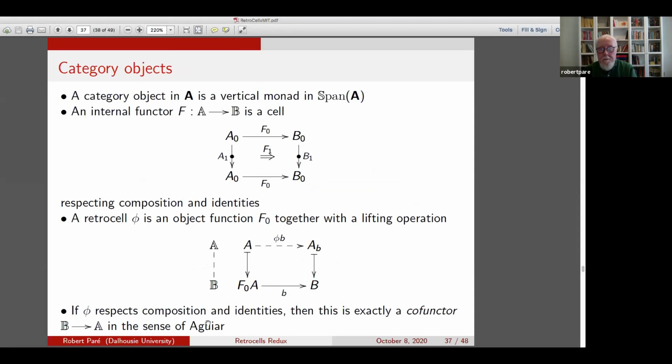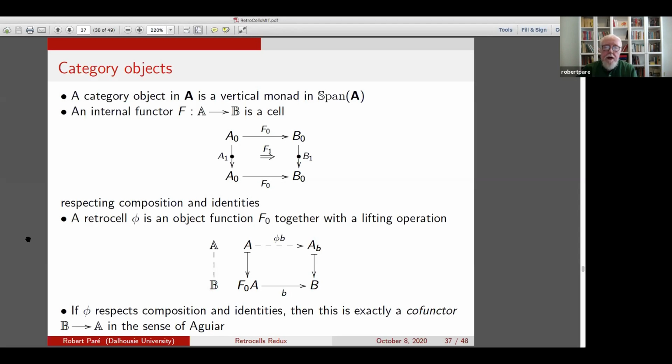Okay, so a category object in A is a vertical monad in span. So this is known. It's often said that category objects are monads in the bicategory of spans, which is true. But for morphisms, it doesn't work. So to get the right morphisms, you have to do this in a double category. Okay, so this is just a little bit of propaganda here.